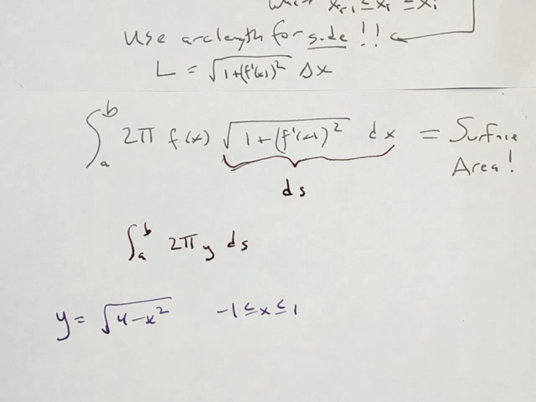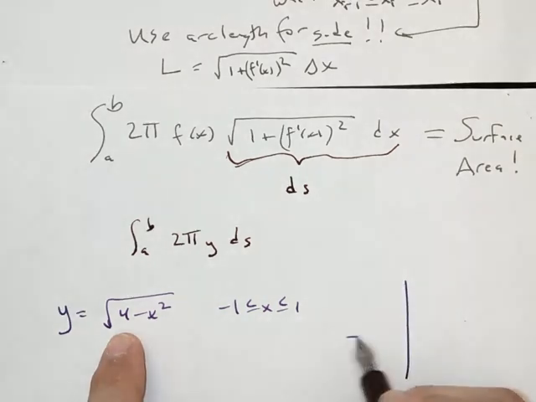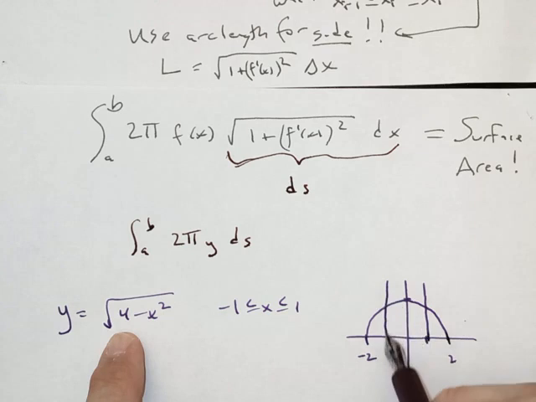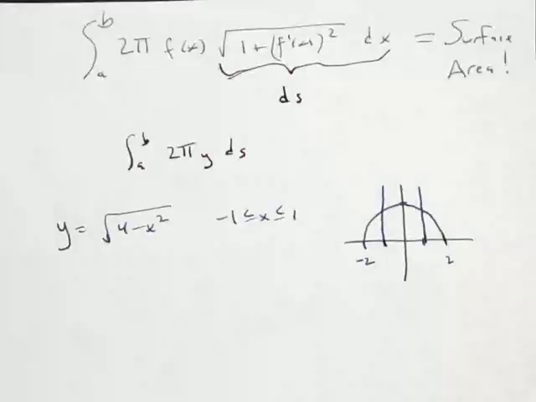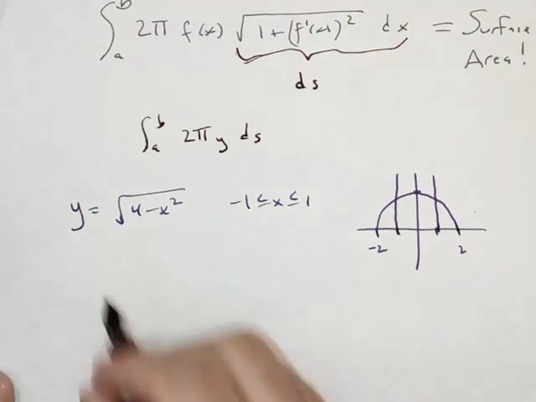So what I'm doing, this curve would normally go from -2 to 2, but I'm chopping it off. I want you to take this piece and spin it around the x-axis. And then I want to find the area of this surface.